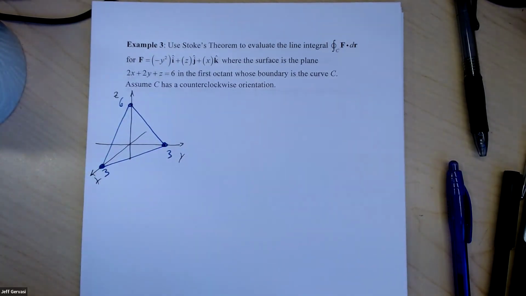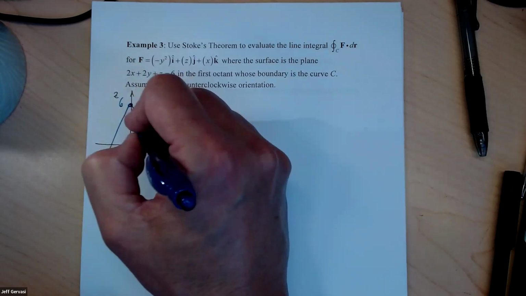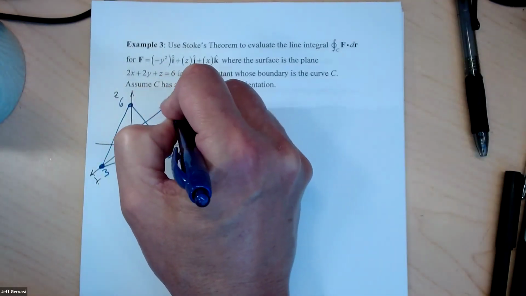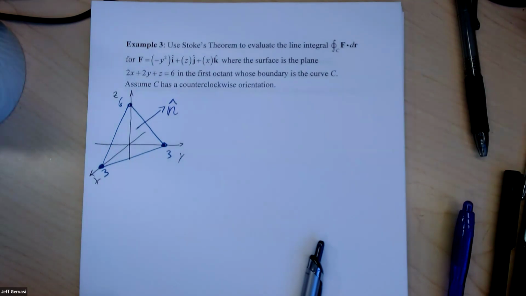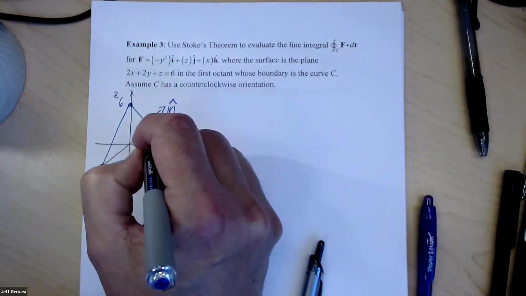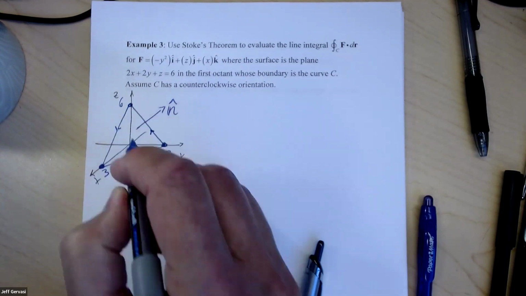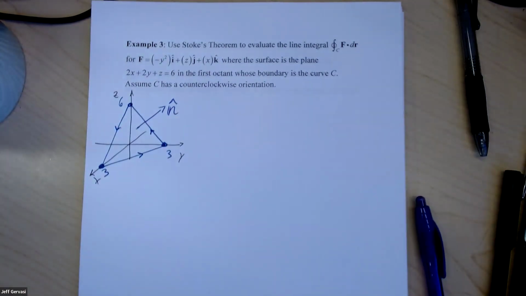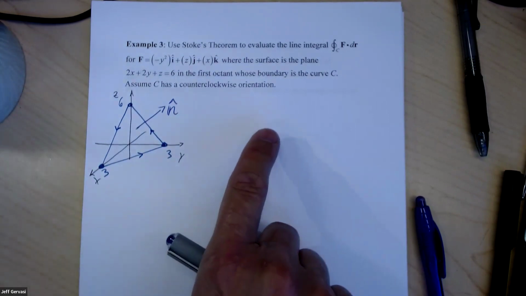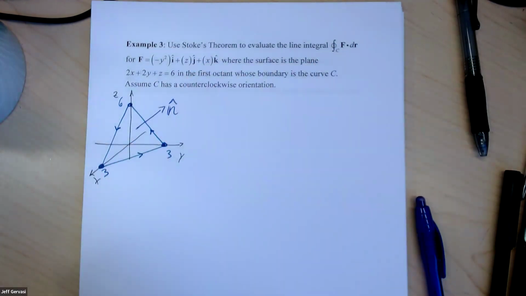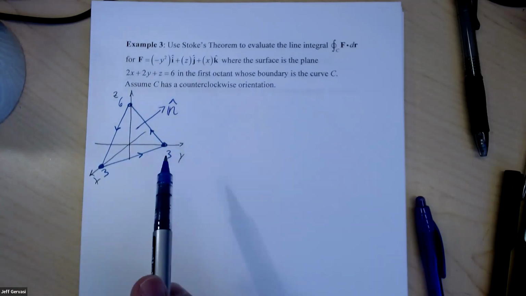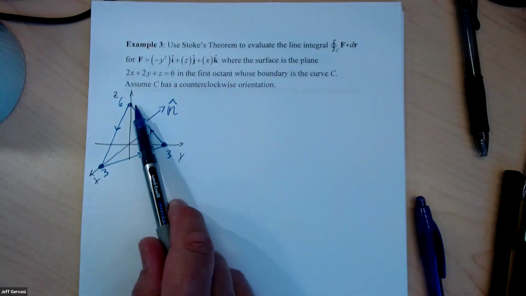Our unit normal vector n would look like that. And so that the surface and the boundary are compatible with the vector, the bounding curve would look like this. Now think about this, right? If the problem said just evaluate the line integral over the boundary, you would have to evaluate the line integral over 3 different curves.